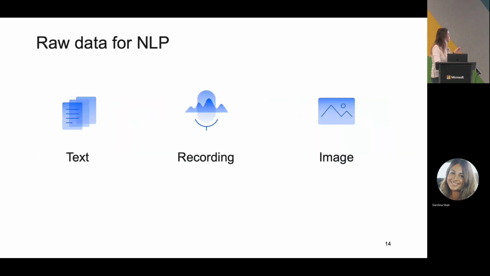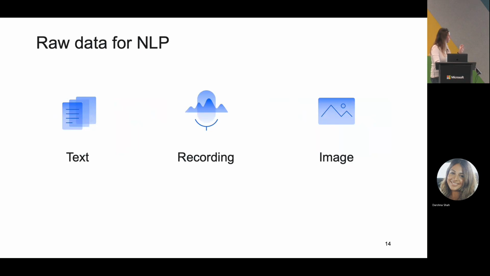And with NLP, what kind of data actually comes into our system? I could think of three main types of data here. So text, pretty obvious, language, but sometimes our data is not already in text form. It has to be translated to it. So a lot of NLP systems have to deal with recordings or sometimes with images.